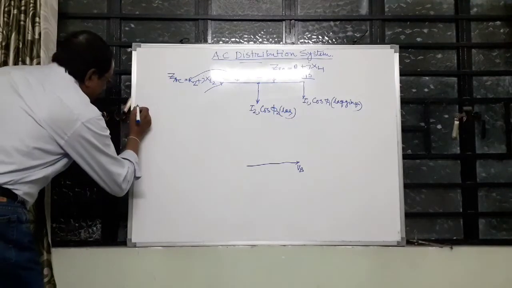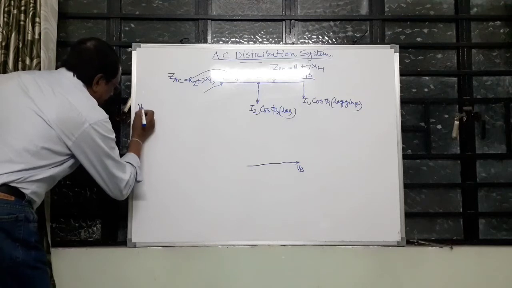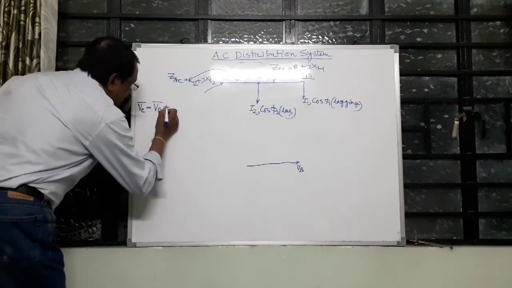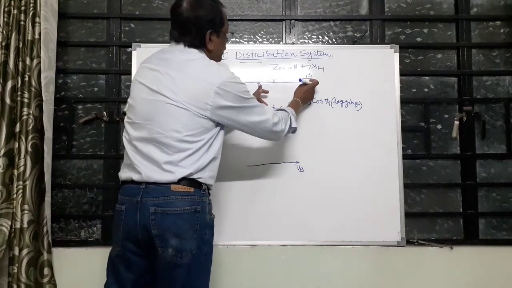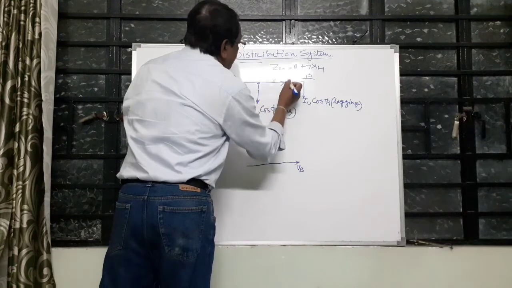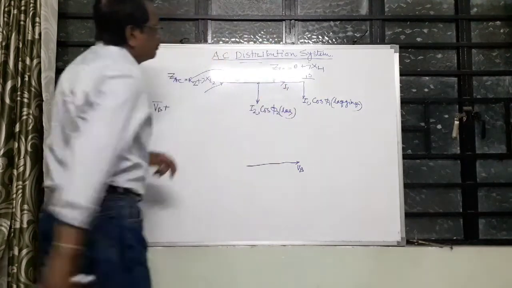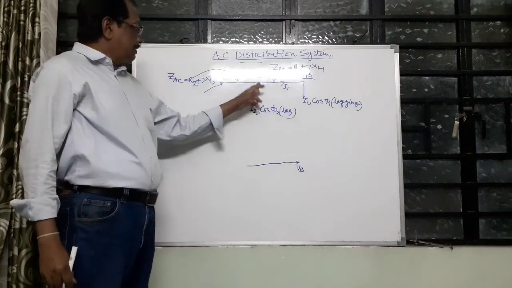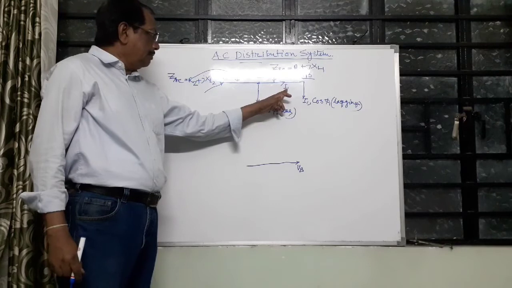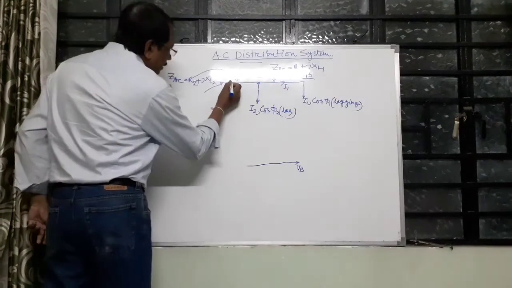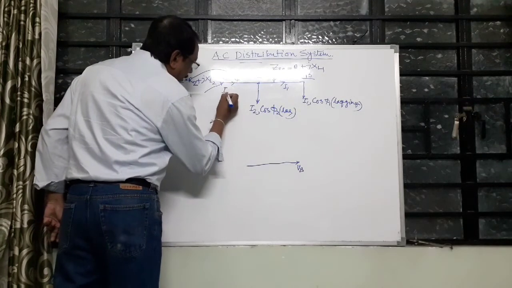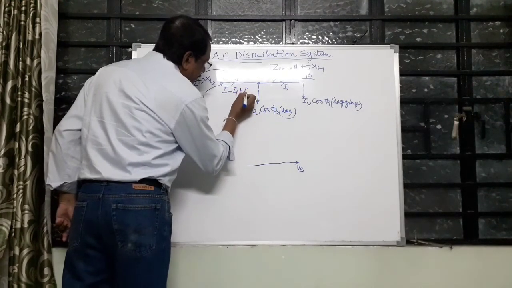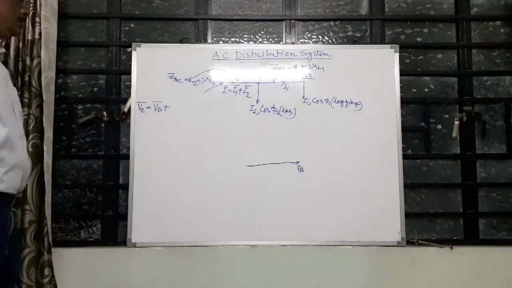Now the vector VC equals VB plus the voltage drop across BC. The current in section CB is I1, and the current in section AC is the vector sum of I1 and I2, so I total, vector I, equals vector I1 plus vector I2.